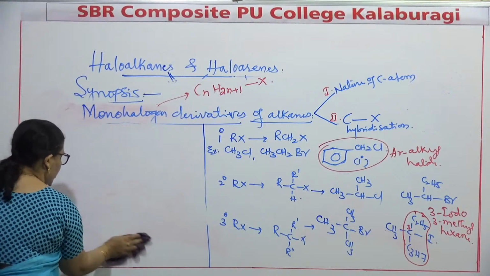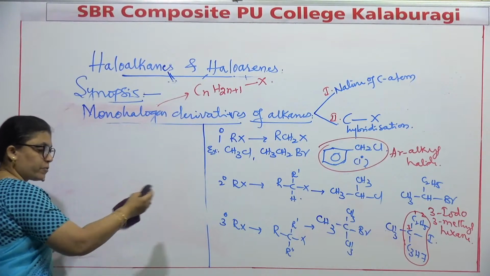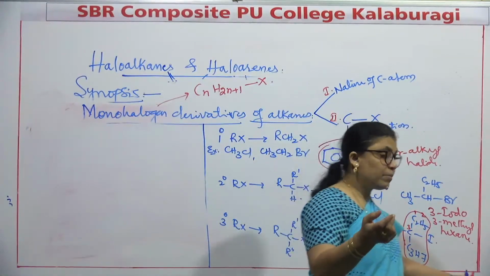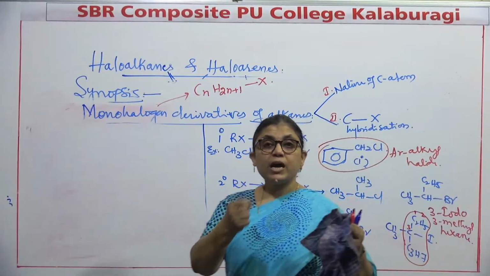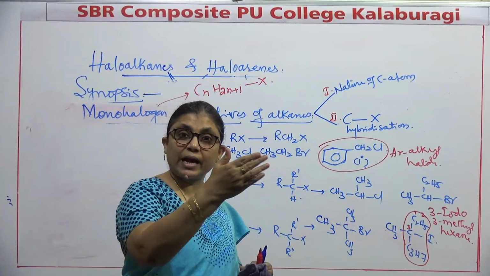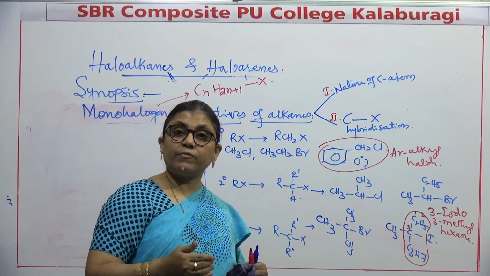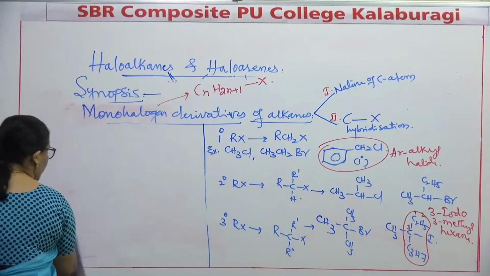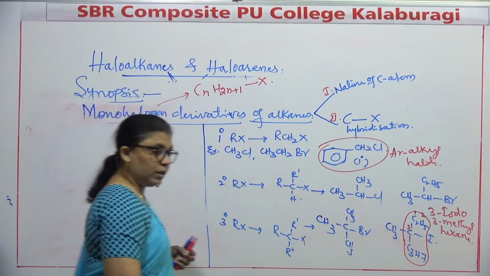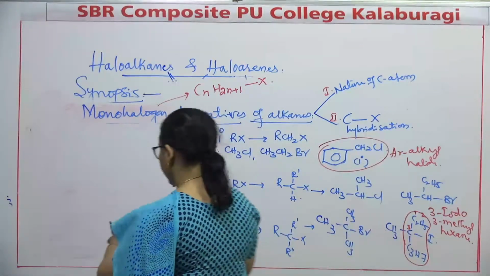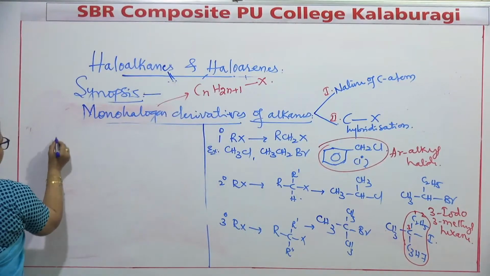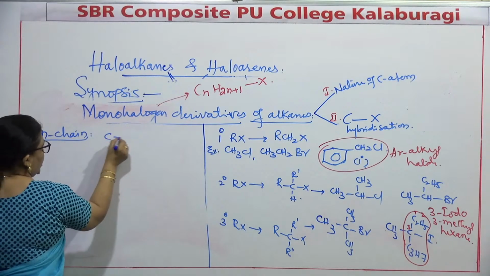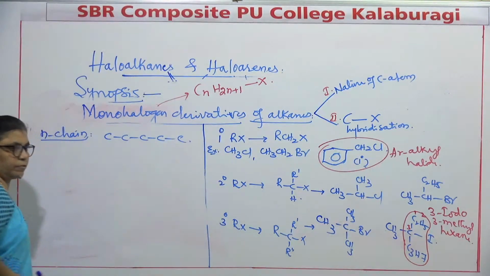Because if a structure goes wrong, everything will go wrong. When you don't know the proper structure of the molecule, you cannot write its IUPAC name. And remember one thing, primary alkyl halide reactivity is different from secondary, it is different from tertiary. That's why if you don't know the exact difference between all these, you cannot understand the particular reaction. Whenever we are going to write a normal chain, all the carbon atoms we write like this.